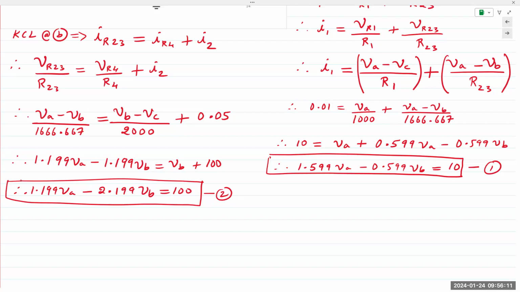You do not have to write out steps. So at this point, you can simply write out the final answer. Again, if you have a programmable calculator where you can program these 2 equations in there, it will spit out a value for VA and VB.